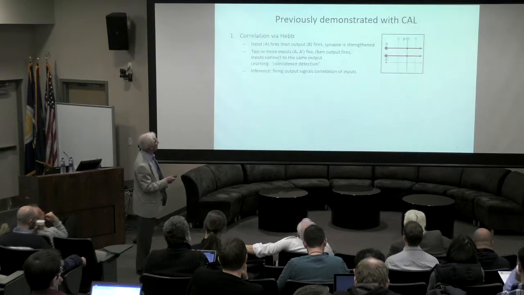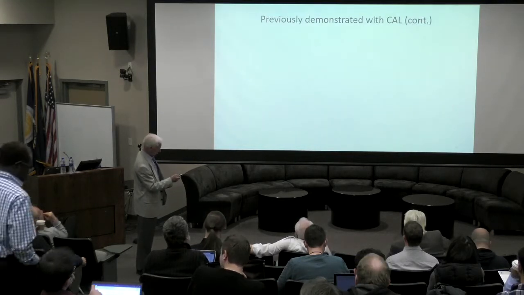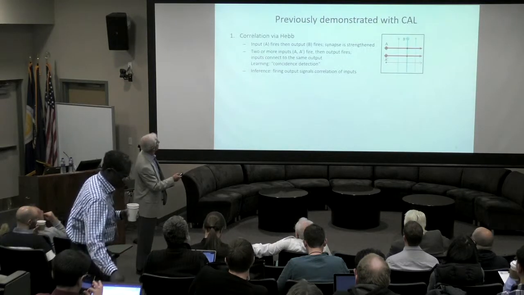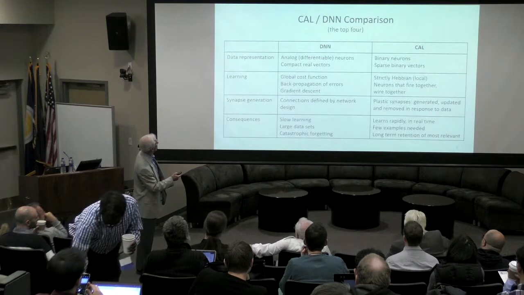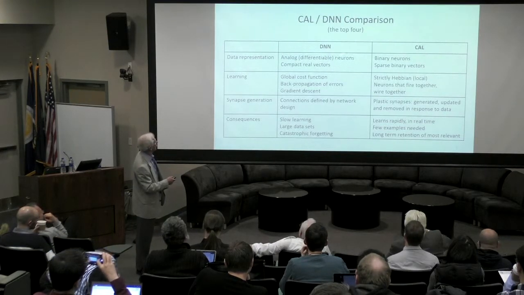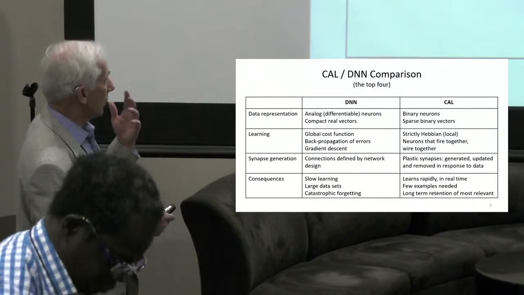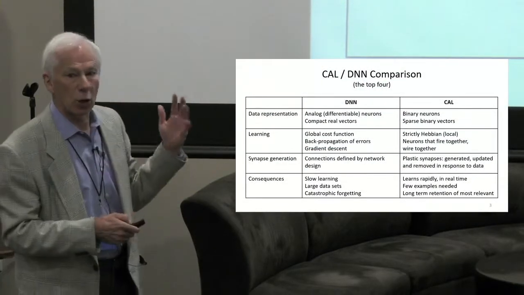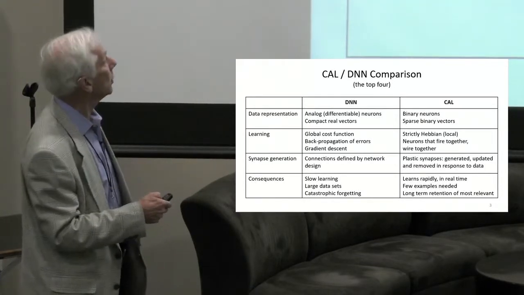So first of all, in deep neural networks, the neurons have to be essentially analog. I mean, they have a sharp threshold, but it has to be differentiable.